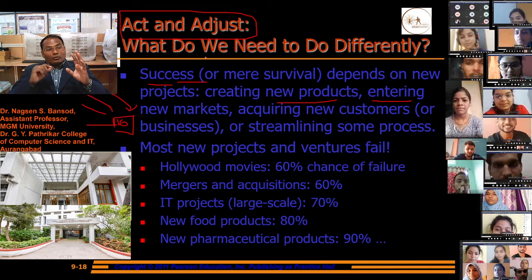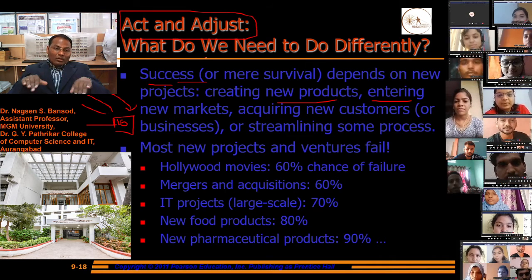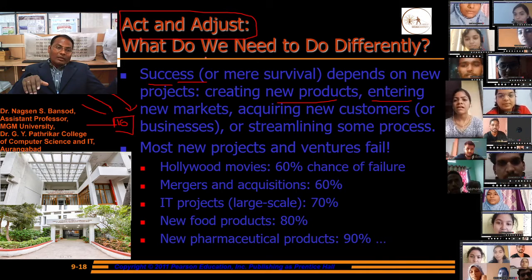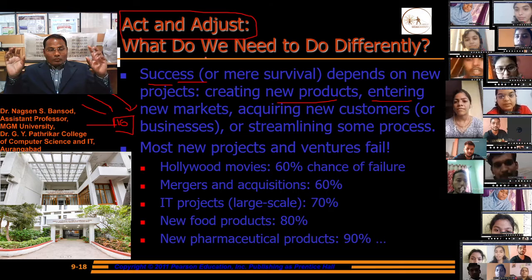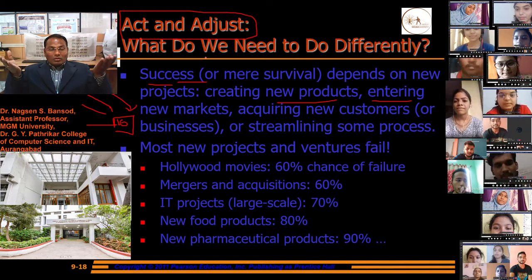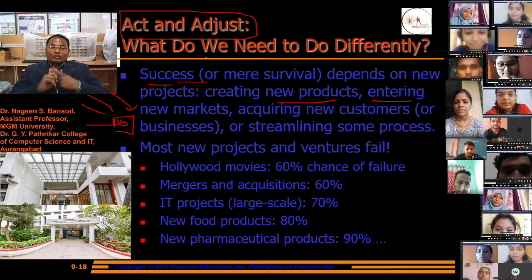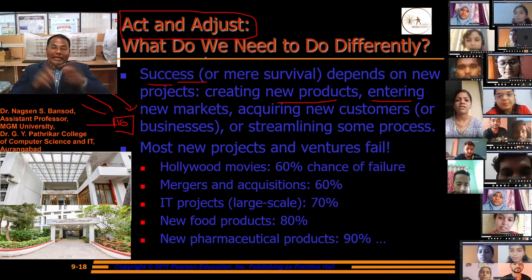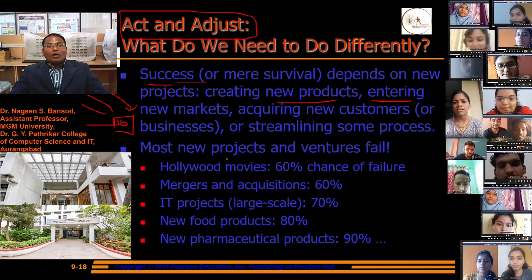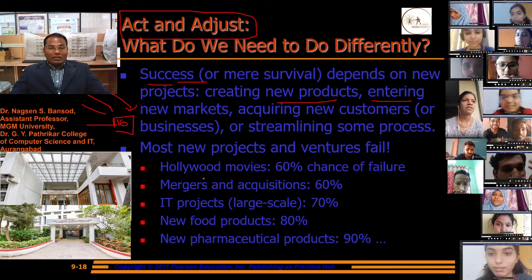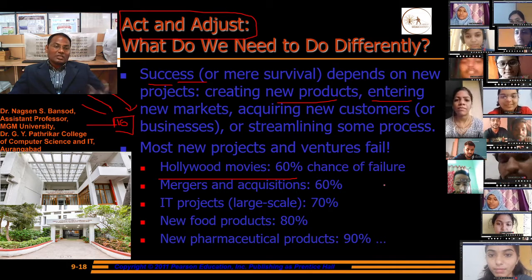We have to make a memorandum between a small vendor and our company, our raw material provider and our dealers to whom we sell our company's product. With them we have to have a close tie, we have to make act and accordingly adjust. Okay, most new projects and ventures fail like Hollywood movies fail, 60% chance of failure.